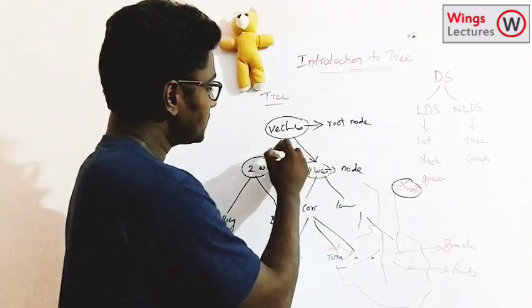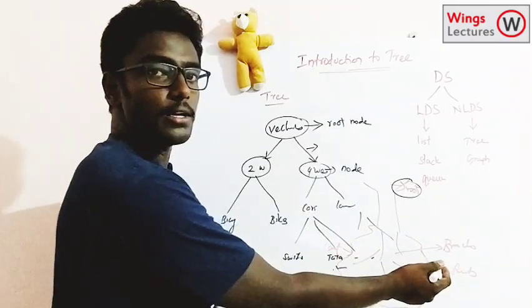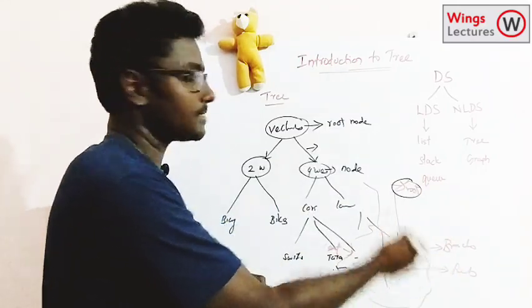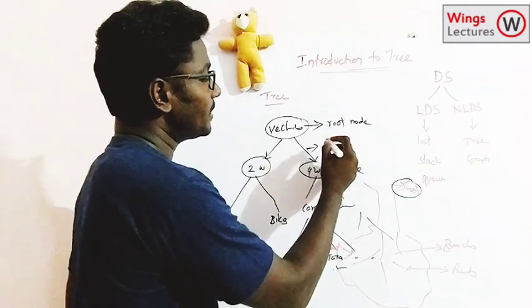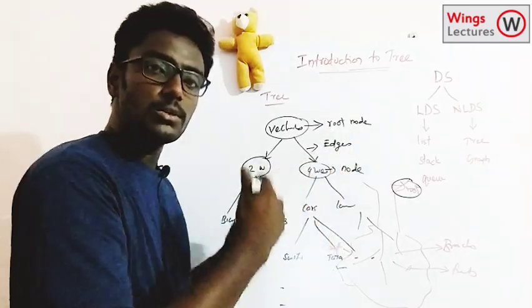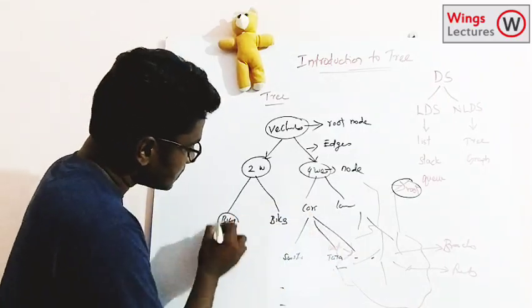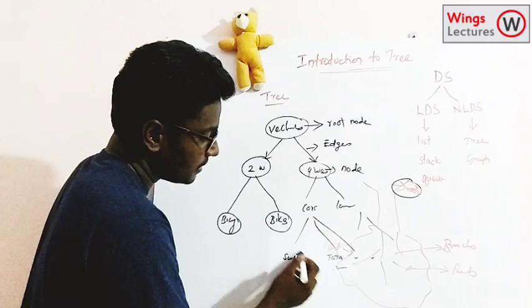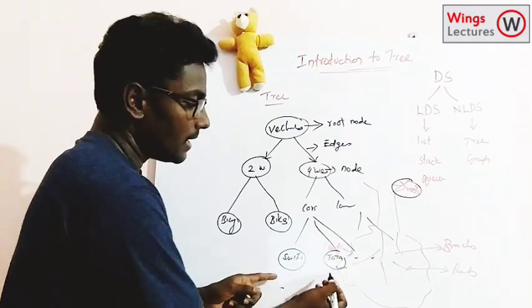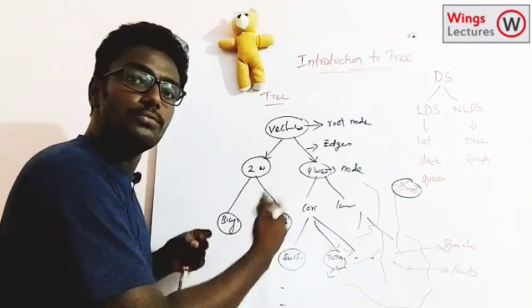And then these are the connections, which we used to call leaves, branches, but here we are going to call them edges, or else we can call them branches also, no problem. And what about the last entries? So these all are leaves of the tree.